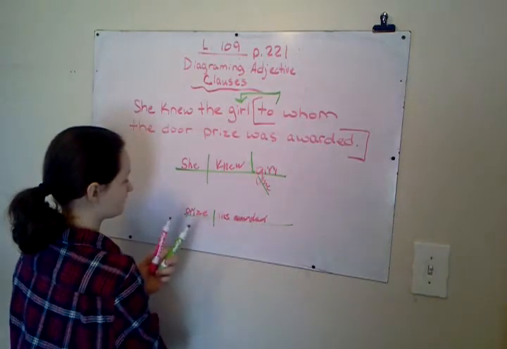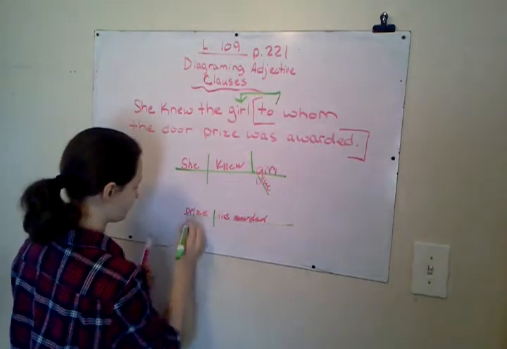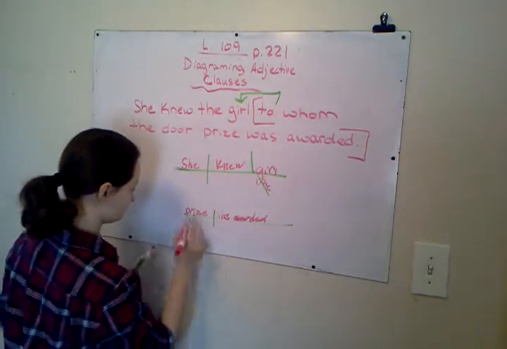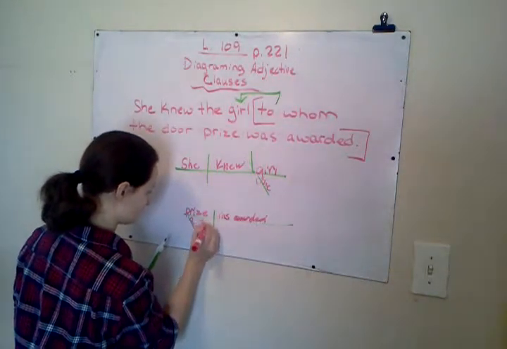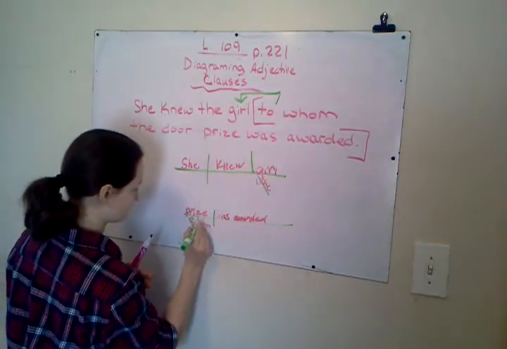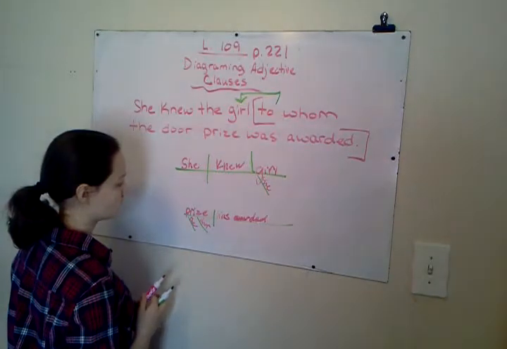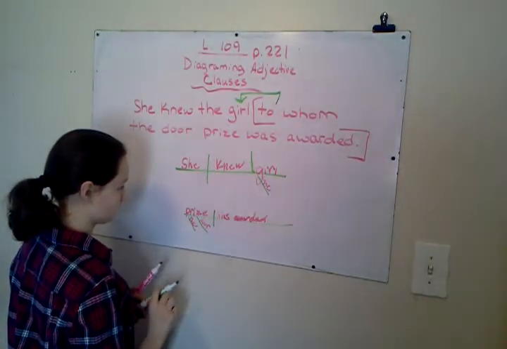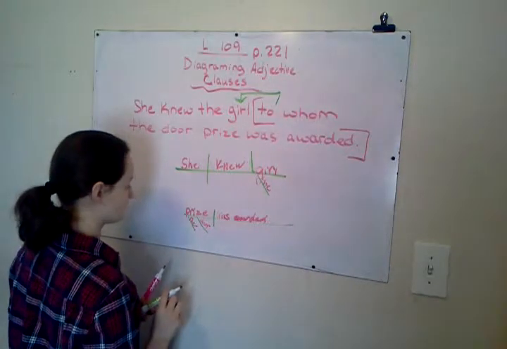Now let's fill in the modifiers. What kind of prize? It was the prize. It was a door prize. So we'll put those words on adjective lines. So now we've taken care of everything except the relative to whom. What sentence part is to whom doing in this sentence? Well, it is a prepositional phrase.